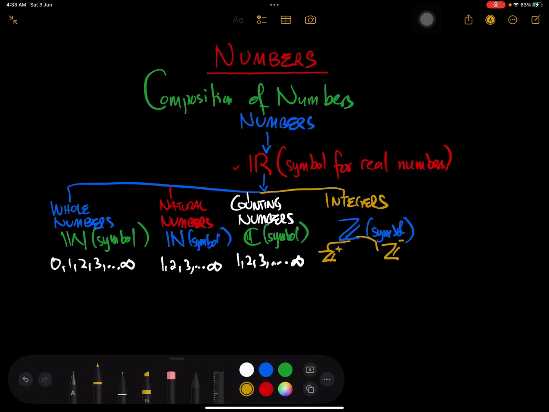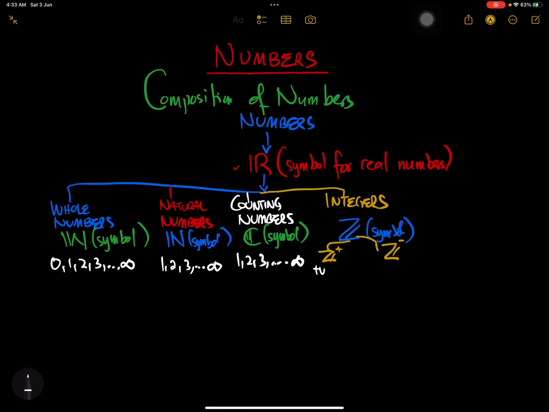Z plus is what we call positive integers, and this is negative integers. The positive integers always start from 1, just like natural numbers. So positive integers are natural numbers or counting numbers, which is basically 1, 2, 3 to infinity.